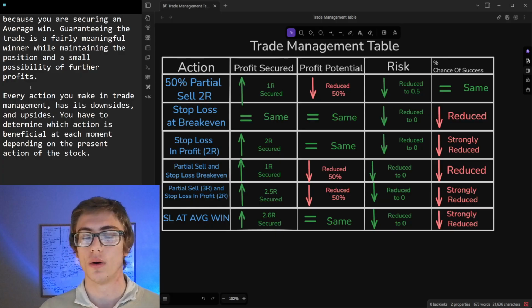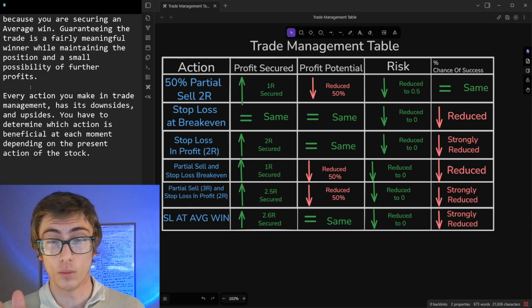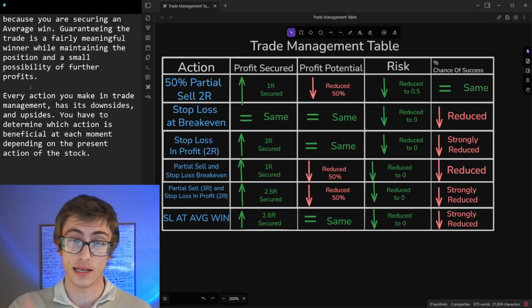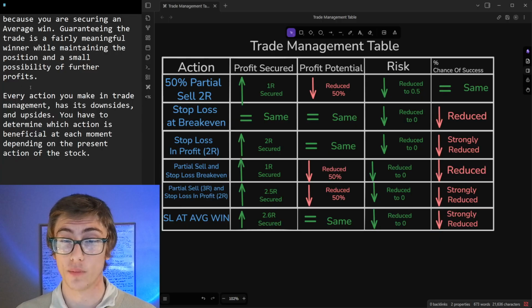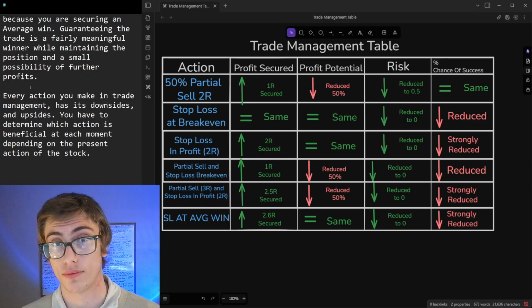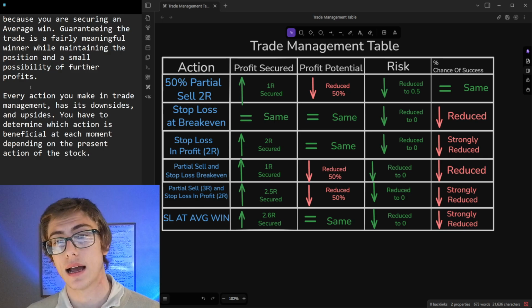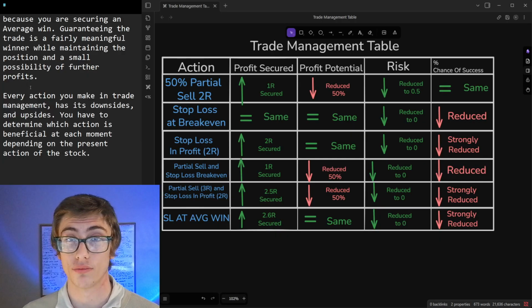You need to know your surroundings, and which surroundings make it beneficial to make each certain action. This can get more complex, but the point of this video is just to enlighten you on risk management techniques around advancing trades. And you need to perform these techniques. This is how you will secure consistent profits and reduce your risk potential.